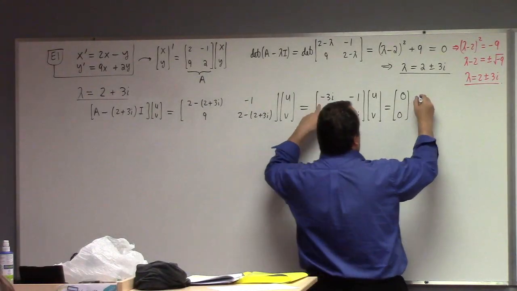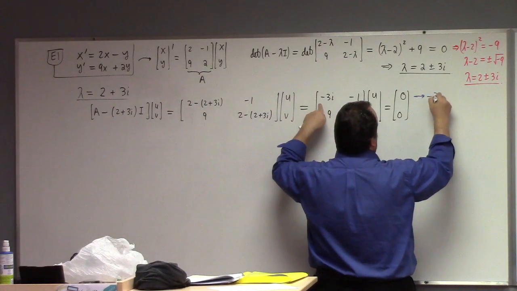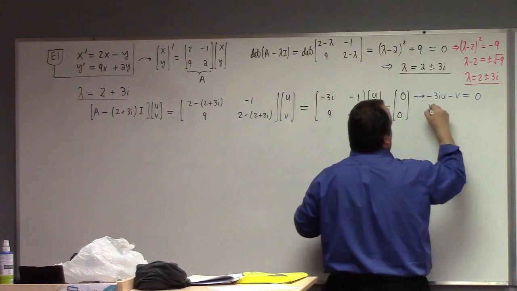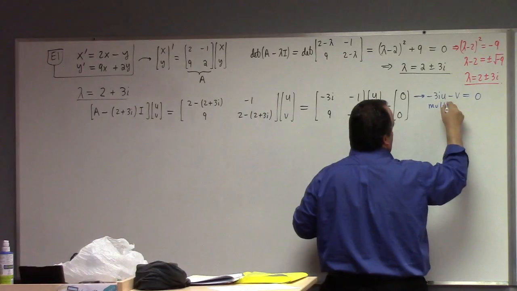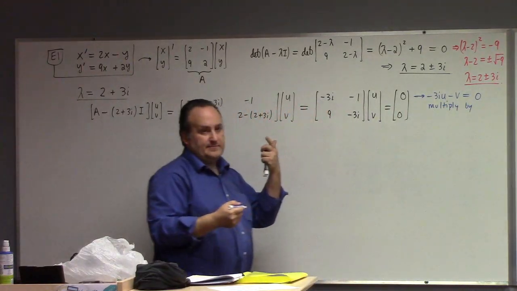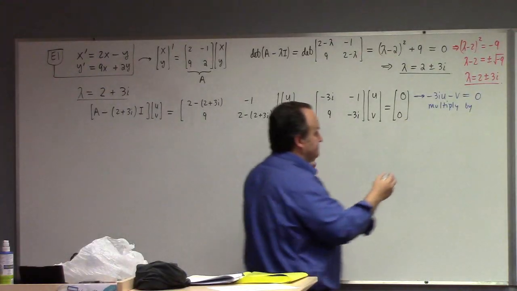So this first equation is minus 3iu minus v equals 0. What if we multiply by 3i? What does that give us?